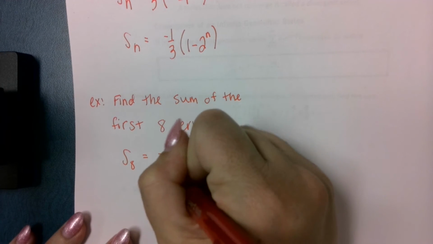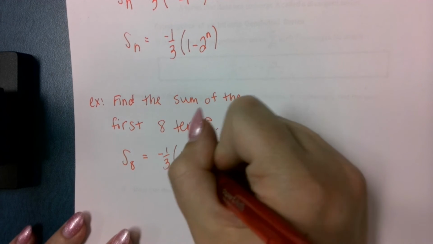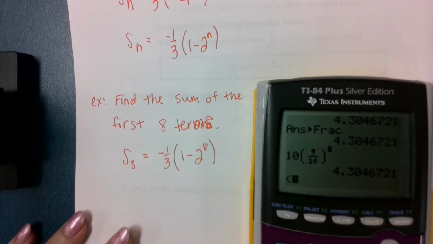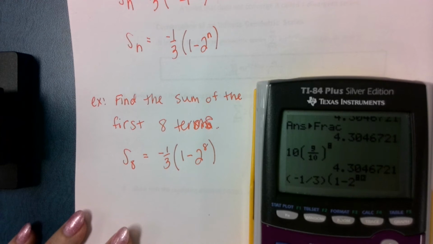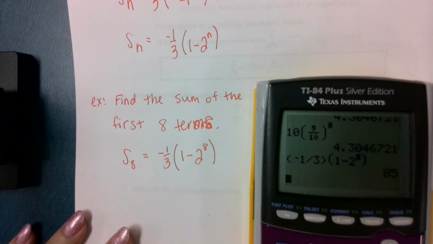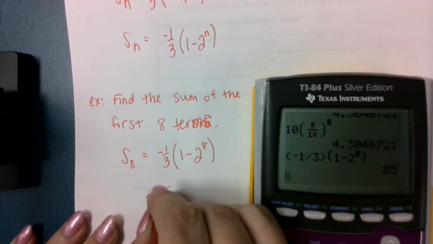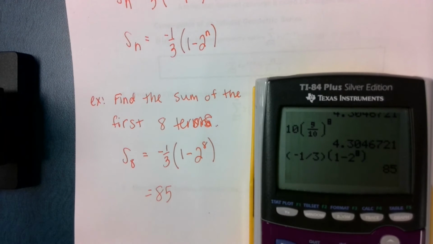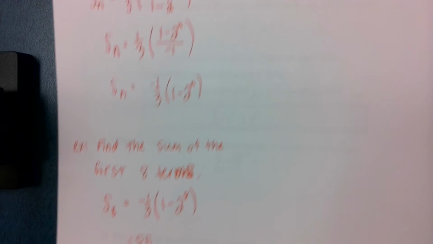So I would do -1/3 times 1 minus 2 to the 8th. If I plugged that into my formula, -1/3 times 1 minus 2 to the 8th, I would get 85. So if I added up the first 8 terms of the sequence, I would get 85. That's what this formula is telling us.